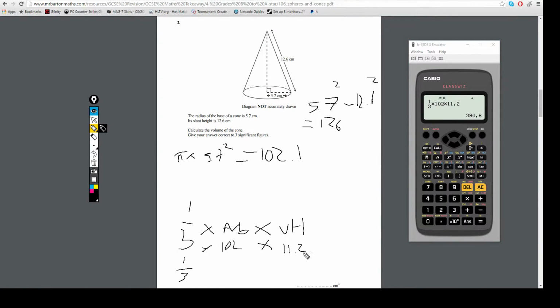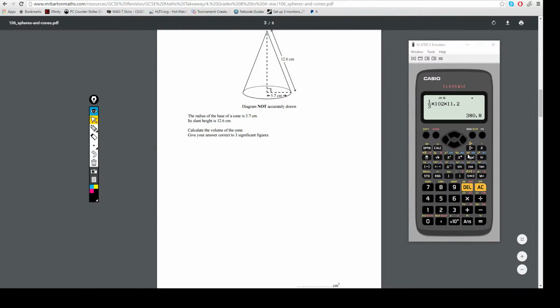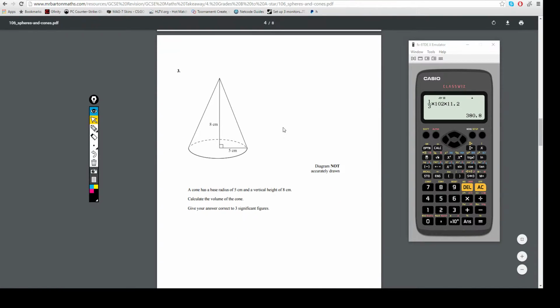So that's equal to 381 centimeters cubed, and that is how to work out the volume of a cone. So that's really good, and hopefully that will come useful to you guys this year in your exams.